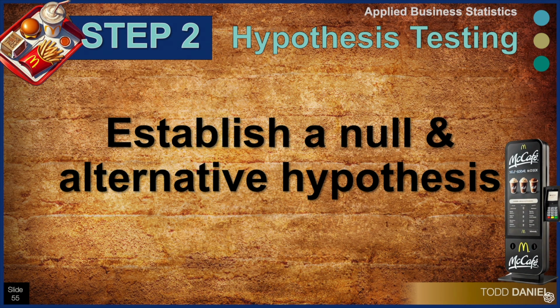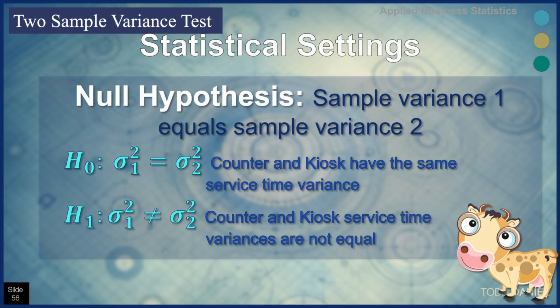Step number 2, we'll establish a null and alternative hypothesis, which will be based upon the choice that we've made to use a two-sample variance test. The null hypothesis would be that the variability in these two samples is the same. And we would write that as H sub 0 colon sigma squared 1 equals sigma squared 2. The square in the upper right is referring to the squaring of a value.